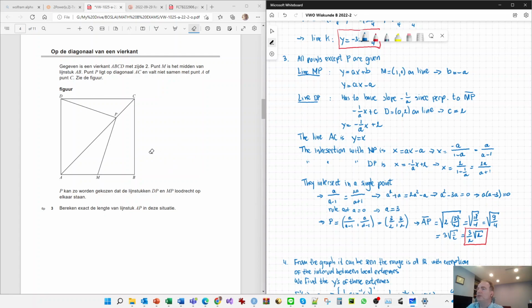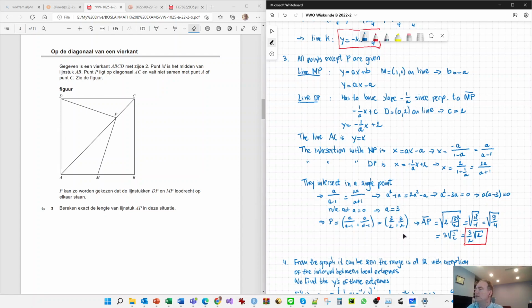Now we know point P, right? The x-coordinate of P is the same as the y-coordinate, so with the x-coordinate given here, if a equals 3, the same as here, you can take either one. In both cases you should get 3 over 2 for the x-coordinate as well as the y-coordinate, of course.